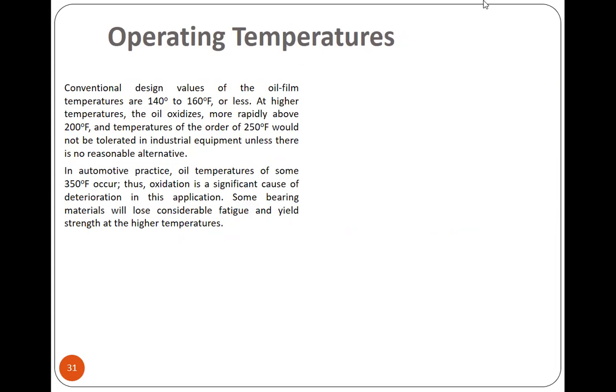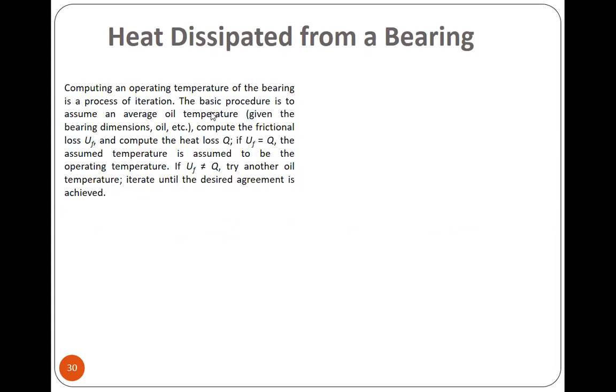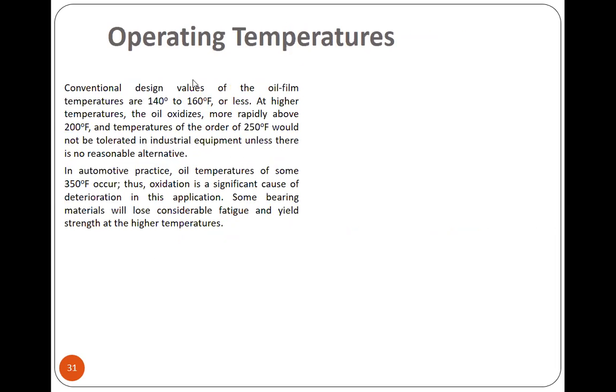Now, operating temperature. Kanina, dito is computing. Ito naman, what are the operating temperatures? So, conventional design value of the oil temperatures are 140 to 160. So, dito ka mag-assume lang. Or less. At higher temperature, the oil oxidizes more rapidly above 200 Fahrenheit.